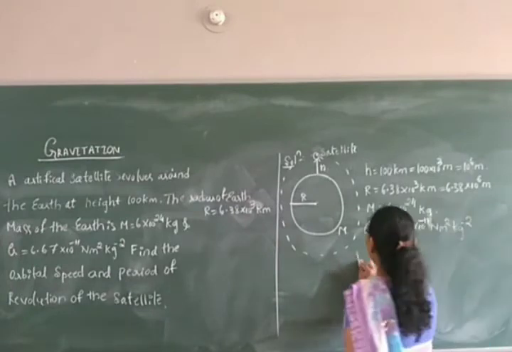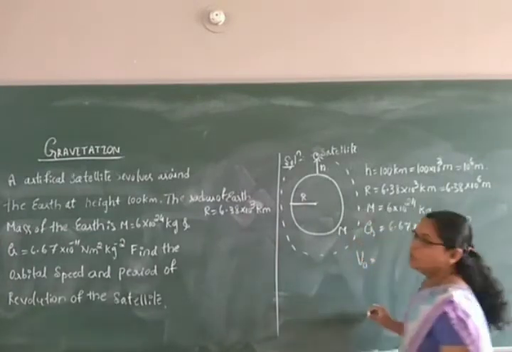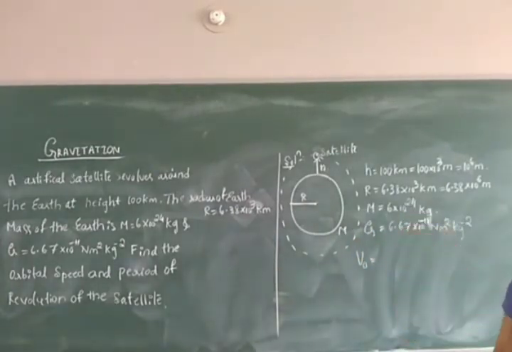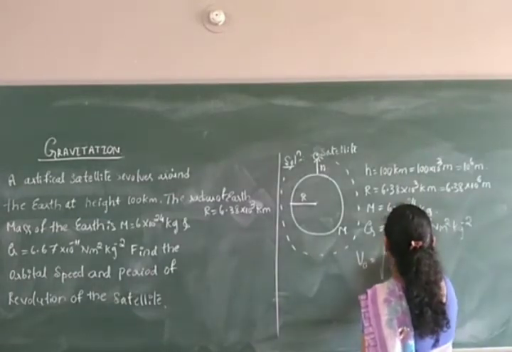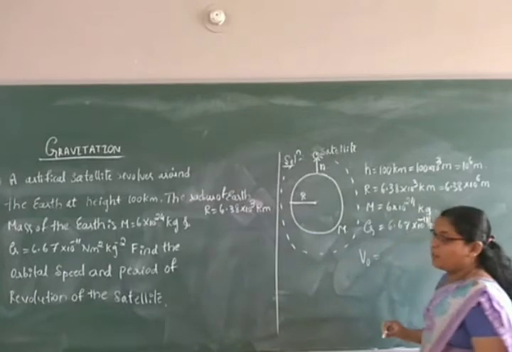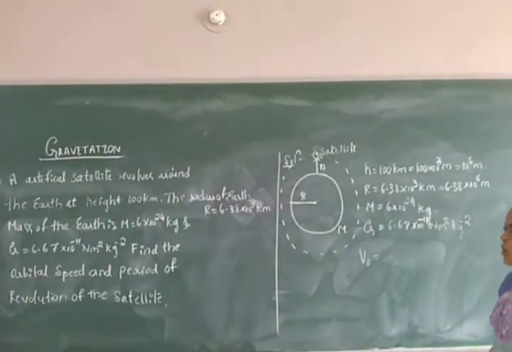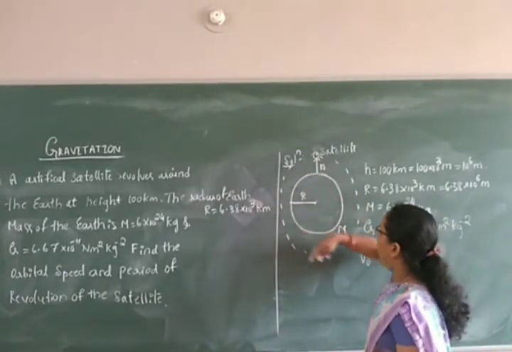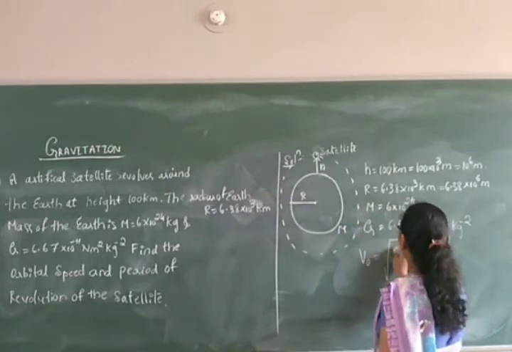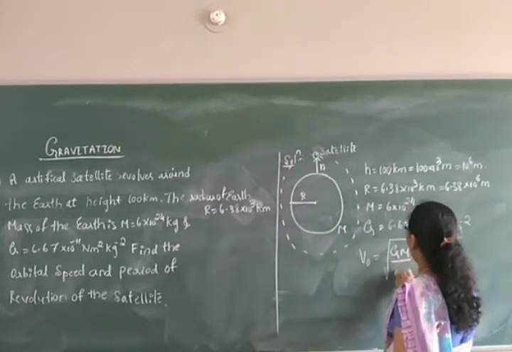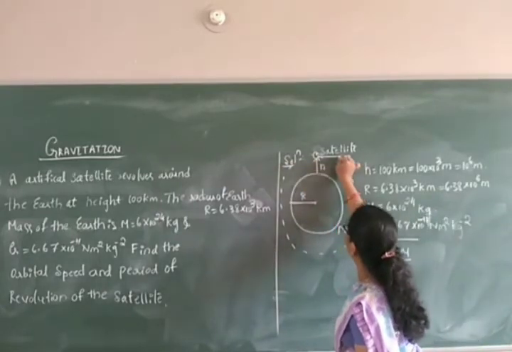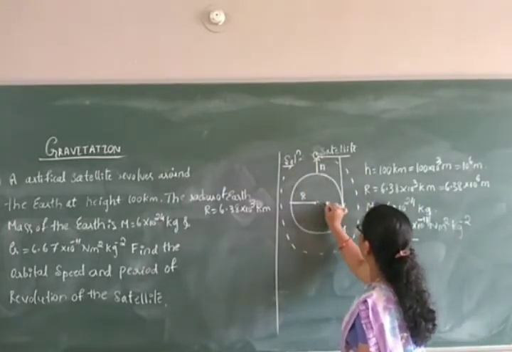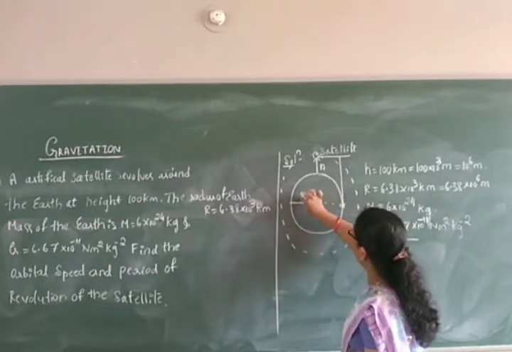The orbital velocity of a satellite revolving around the earth is root of GM by r. Here r is the total distance from the center of the earth, that is R plus h.